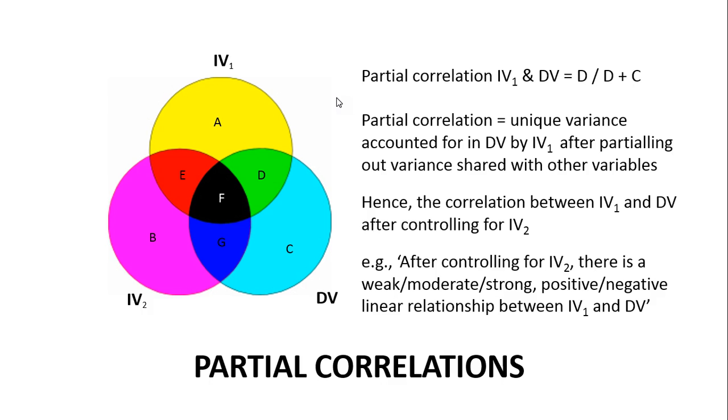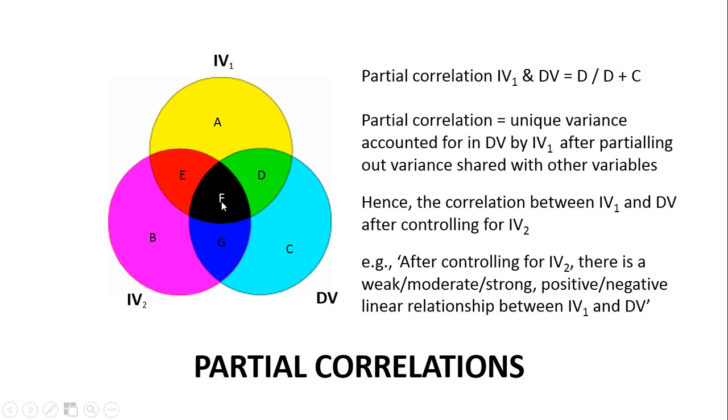So for the partial correlation, we're only considering unique variance. For IV1, it is D over D plus C. So it's basically a ratio of the unique shared variance over the remaining unique variance in the DV. Any variance that's shared with other variables is not in the equation.